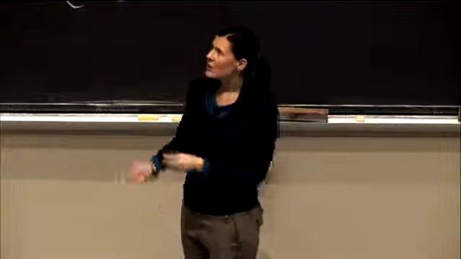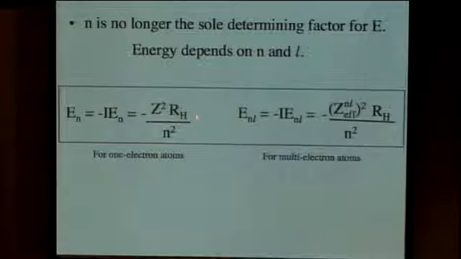We can also look at the energy equation now for a multi-electron atom. And the big difference is right here in this term. Instead of being equal to negative Z squared, now we're equal to negative Z effective squared times RH all over n squared. When we say Z effective, what we're talking about is instead of Z, the charge on the nucleus, the effective charge on the nucleus.